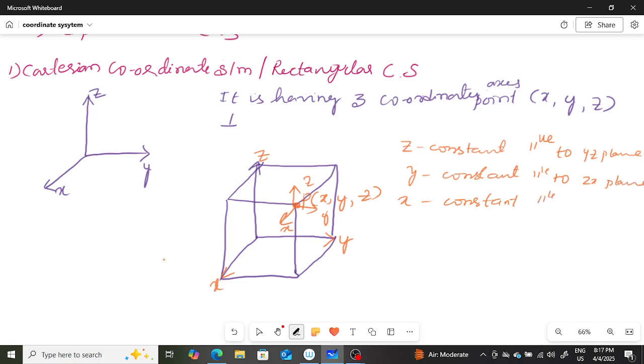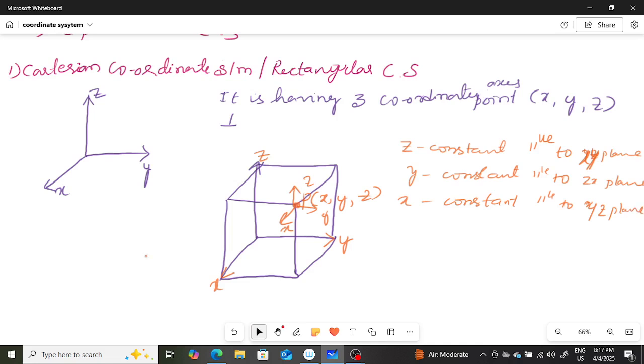I'm really sorry, I need to correct this: that should be the XY plane. X constant plane means the YZ plane.